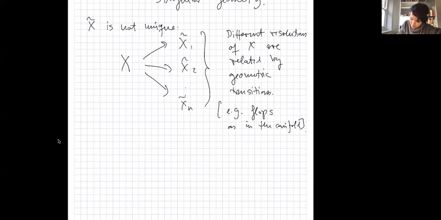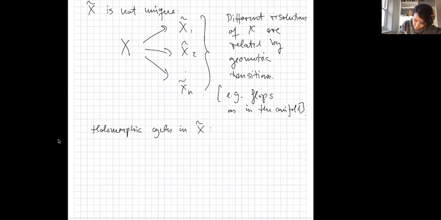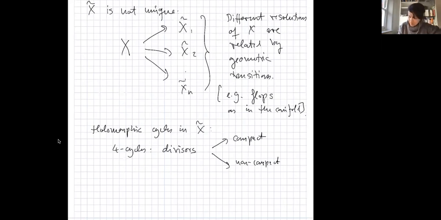So actually, let me just introduce a little bit of notation. The holomorphic 4-cycles in some resolution X tilde, these are the divisors in the threefold, and they can either be compact, for example P2, or non-compact, like a P1 fibered over a complex line.